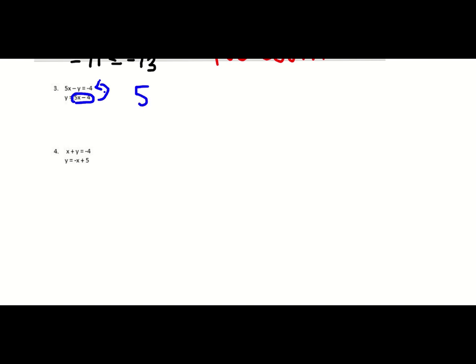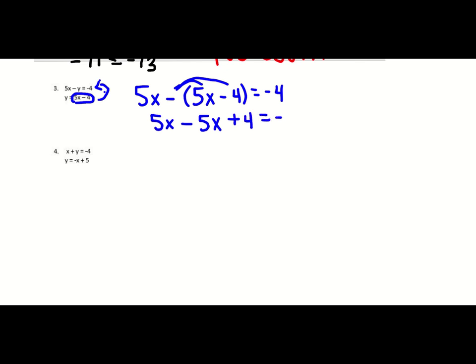So I'm going to have 5x minus, the y is going to be replaced with 5x minus 4, and that equals negative 4. I'm going to solve this equation by distributing the negative. So this will be 5x minus 5x minus negative 4 would become plus 4 equals negative 4.